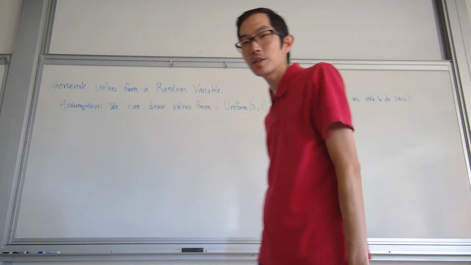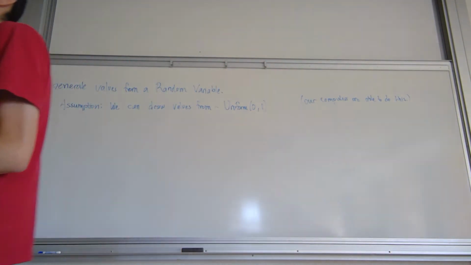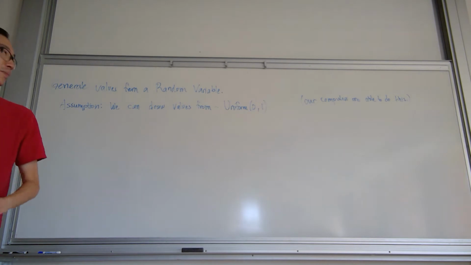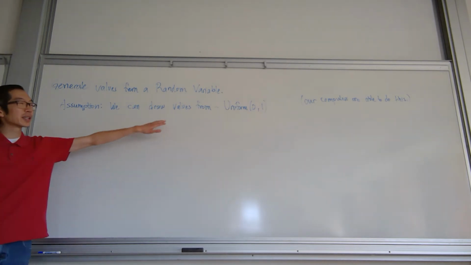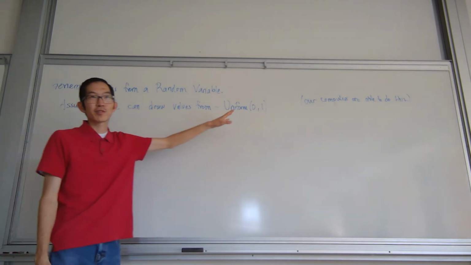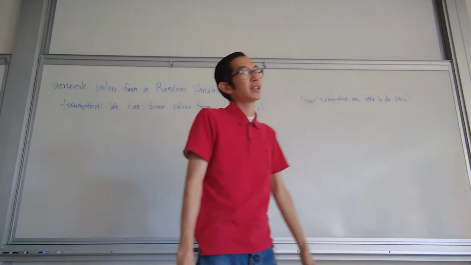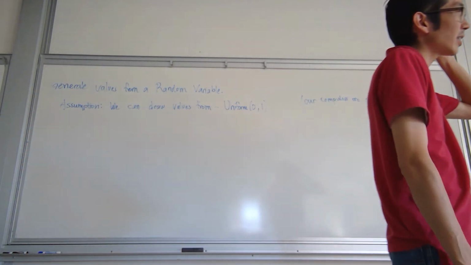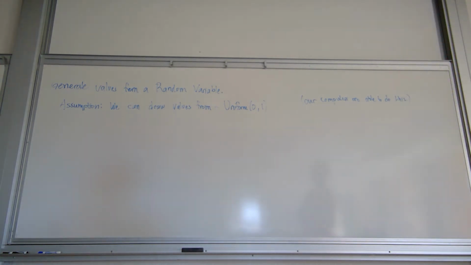This used to be very, like in a Monte Carlo class, you would spend a few lectures on this topic of drawing values from uniform 0, 1. Although today, this is kind of like a solved problem now, okay? We've got high quality pseudo random number generators in the computer, okay?